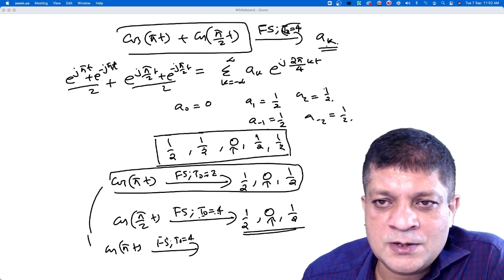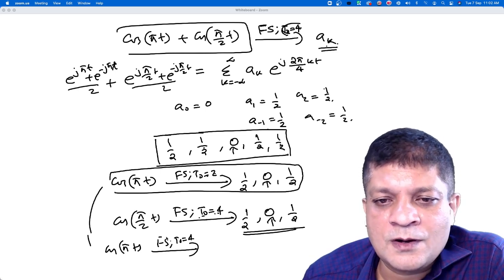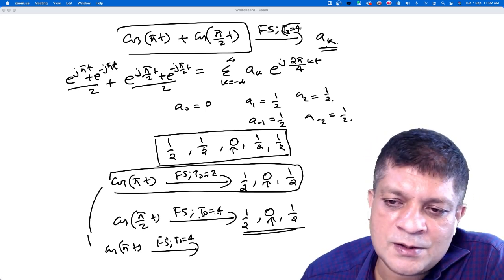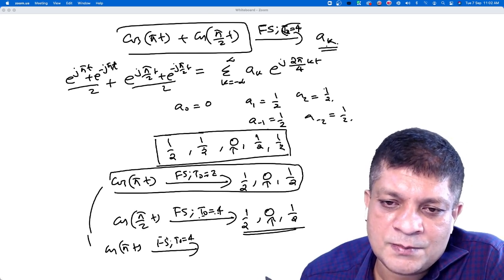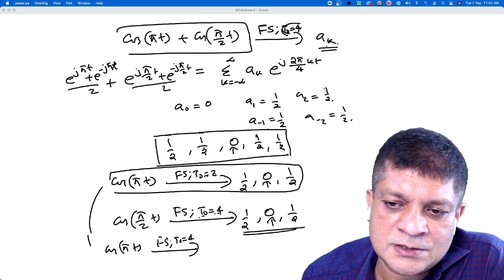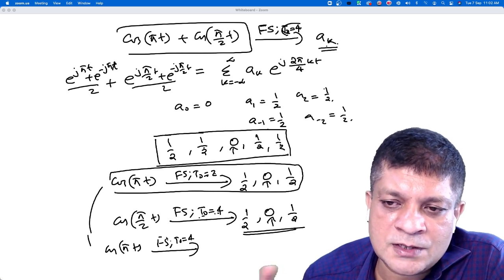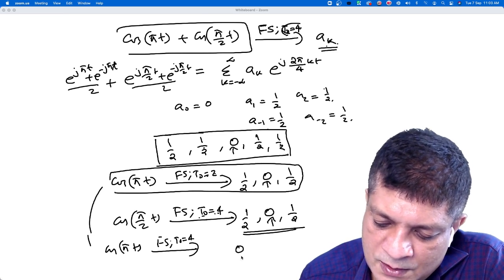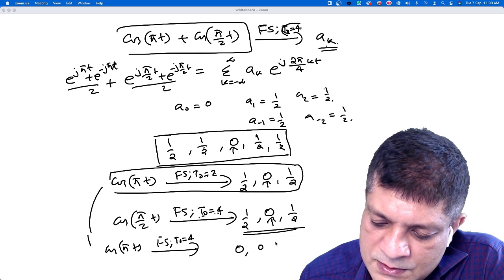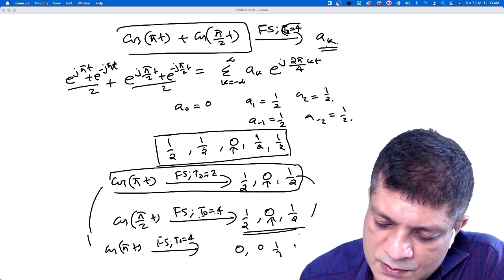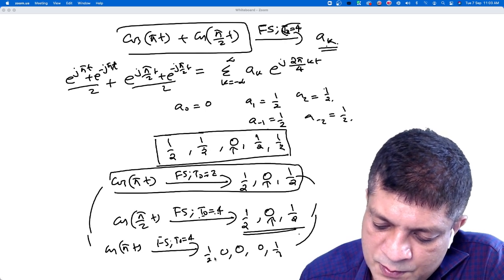Then what is the property we just now proved? We will insert zeros. How many? Because we are taking twice the fundamental period, we have to insert that multiplication factor minus 1. So here the multiplication factor is 2. 2 minus 1, that is 1 zero. So if we do that, you insert 1 zero. Is it 0, 1 by 2?